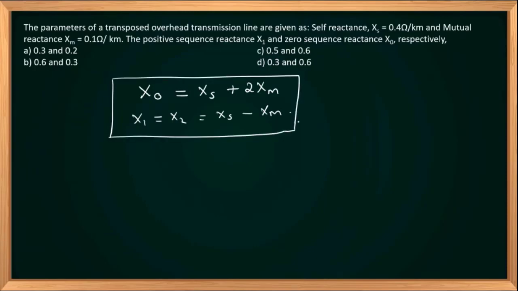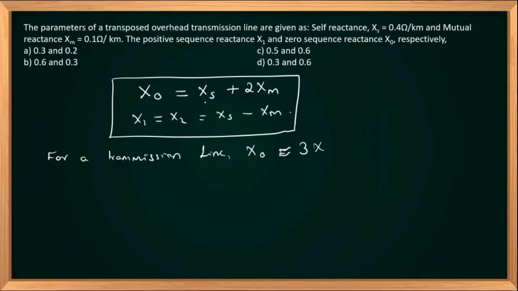That is why for a transmission line, zero sequence reactance is normally approximated as 3 times the reactance of the line. Right.